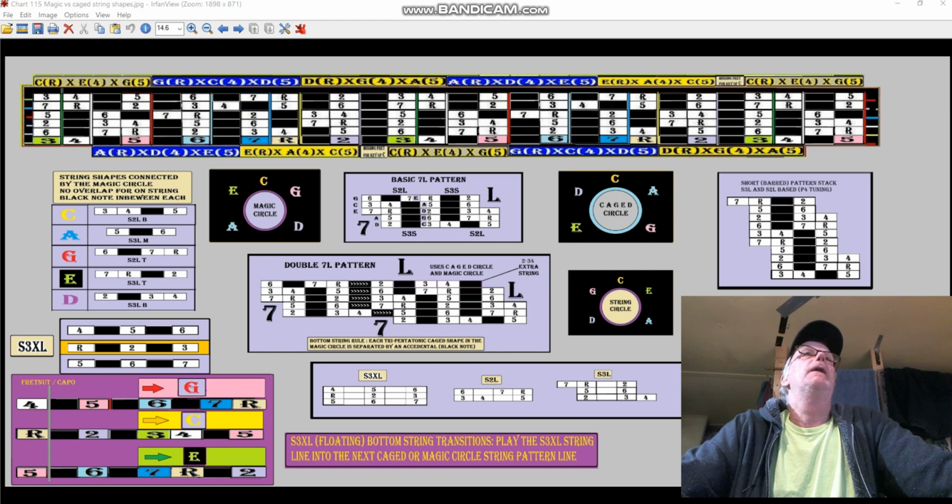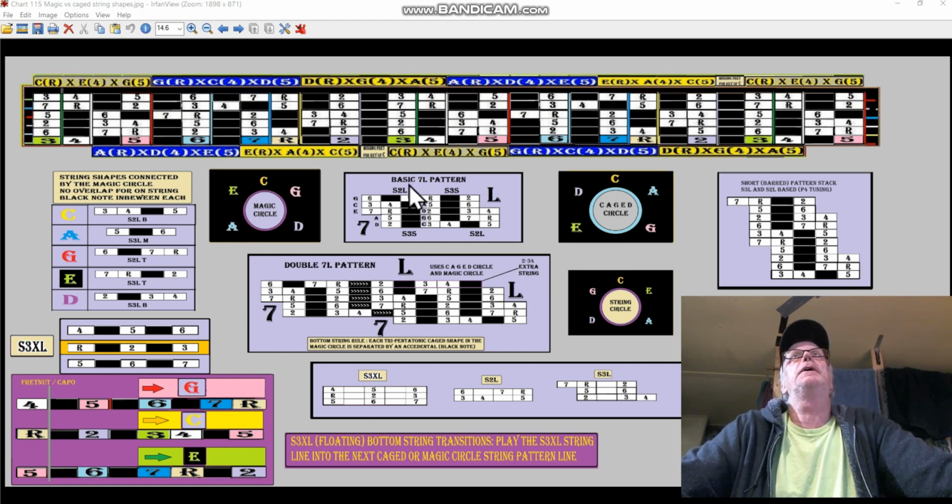So 5, 6 is going to, in this case, be a full magic circle transition from an A shape, A being the 5, 6, to 7 root 2, to an E shape. Full magic circle transition, or a magic circle from A shape to an E shape, right there.